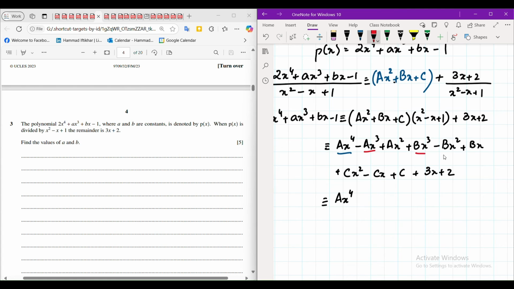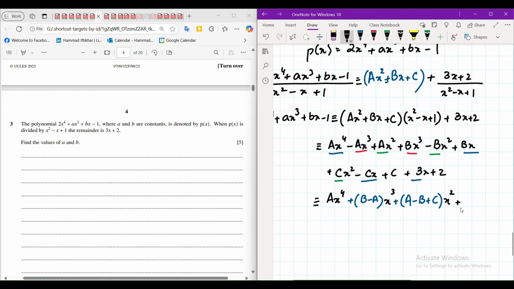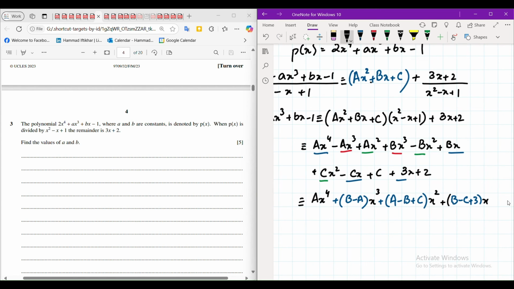The cubic terms we can lump into (B - A)x^3. Then the square terms: (A - B + C)x^2. Then the x terms: (B - C + 3)x, and the constant is C + 2.